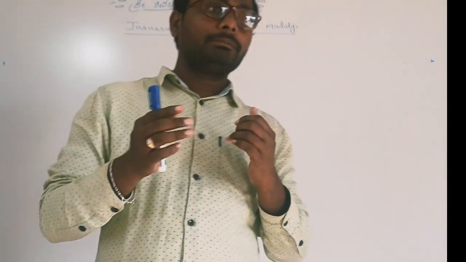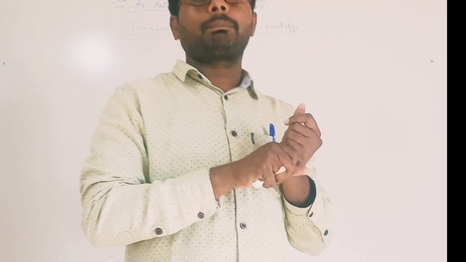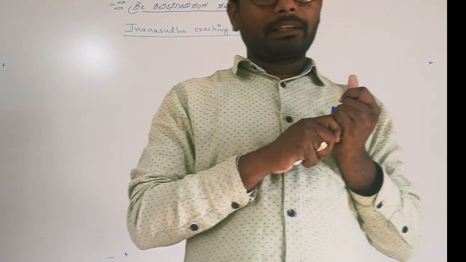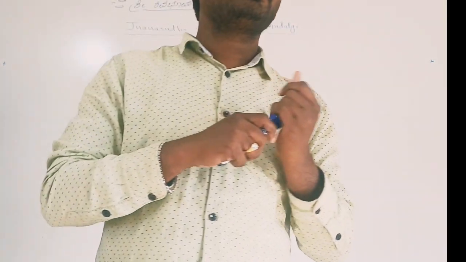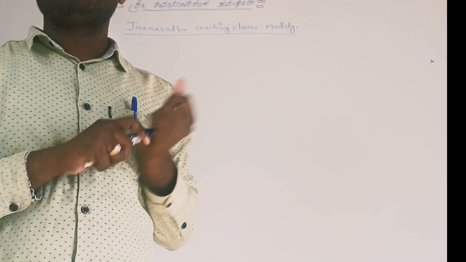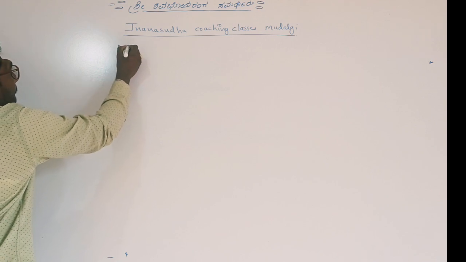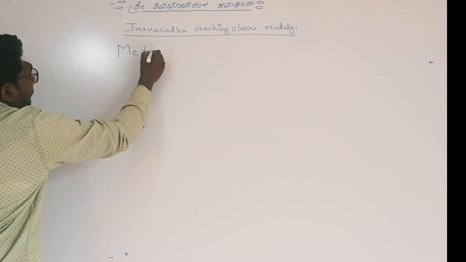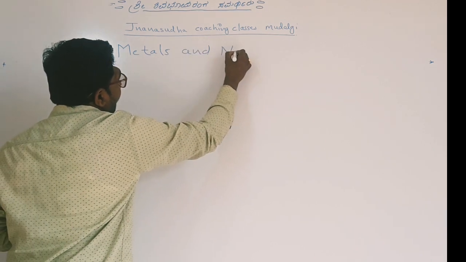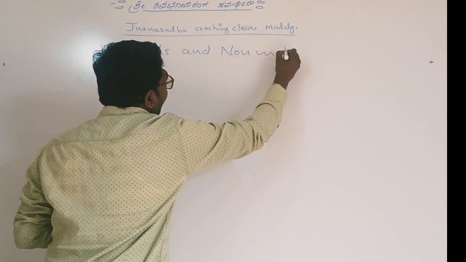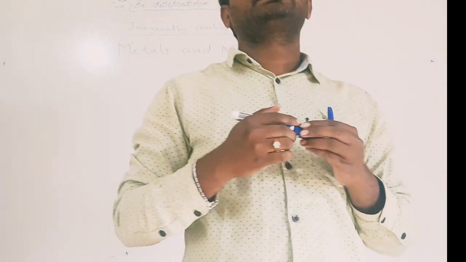Previously we studied some basic chapters for this chapter. In part 1 you studied chemical equations and reactions, and acids, bases and salts, and the next continuation chapter is metals and non-metals.